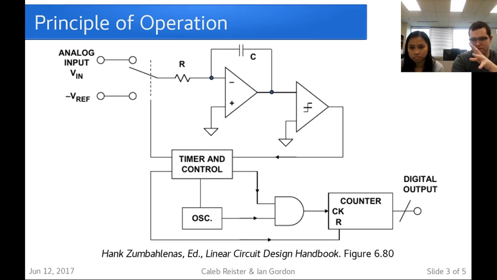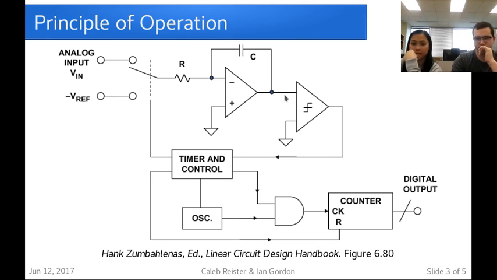At the beginning of the conversion process, that timer is 0 and it counts up, so you're integrating for an amount of time. When that timer is done, the input of the integrator switches to a reference voltage of the opposite polarity. The analog input voltage is integrated by the inverting integrator and generates a negative ramp output.